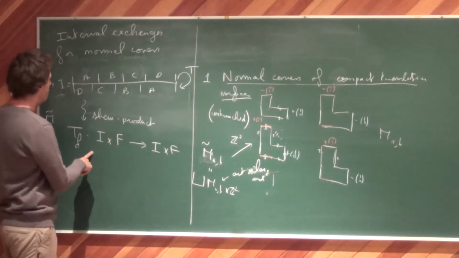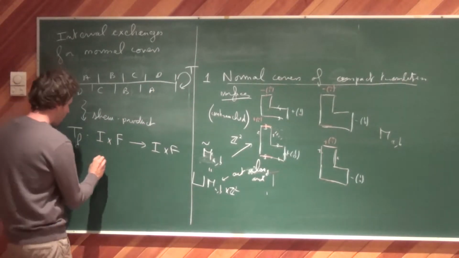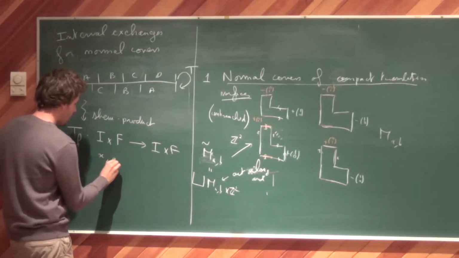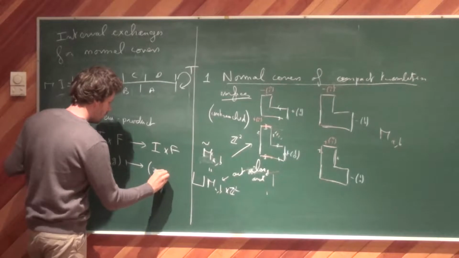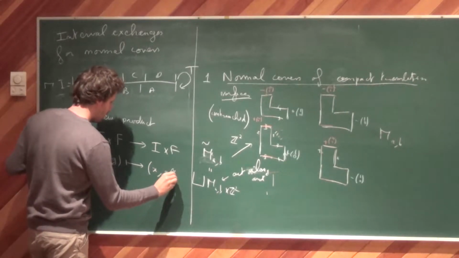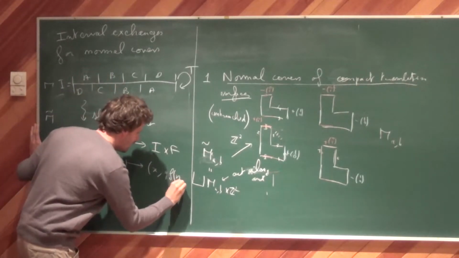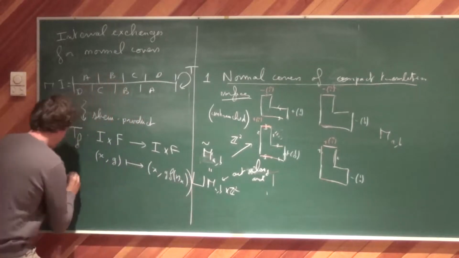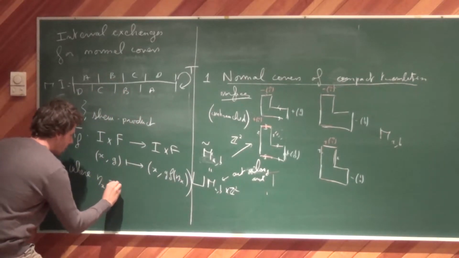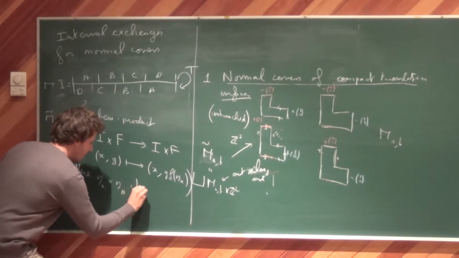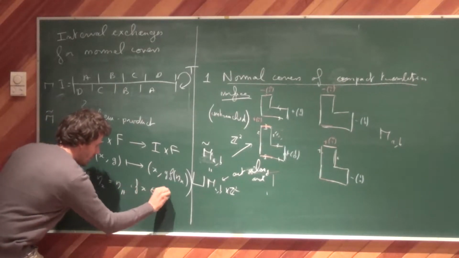And what is the map? It's actually easy to describe. If you have a point (x, g), you send it to (x, g·η_a), where η_x equals η_a if x belongs to the interval associated with a.